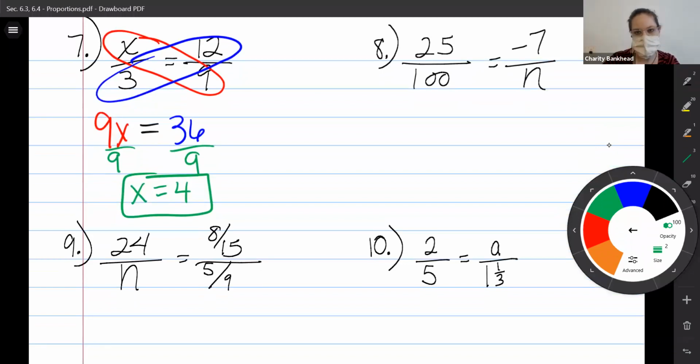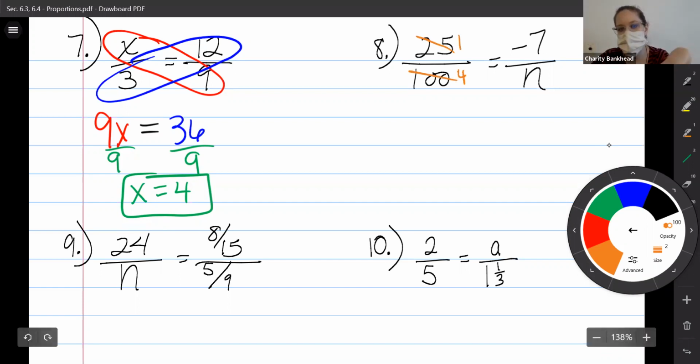All right. And then number 8. I think the easiest thing to do here is reduce 25/100. I think that'll make it a lot easier. I know 25 goes into 100 4 times, so I could go ahead and reduce that to 1/4.